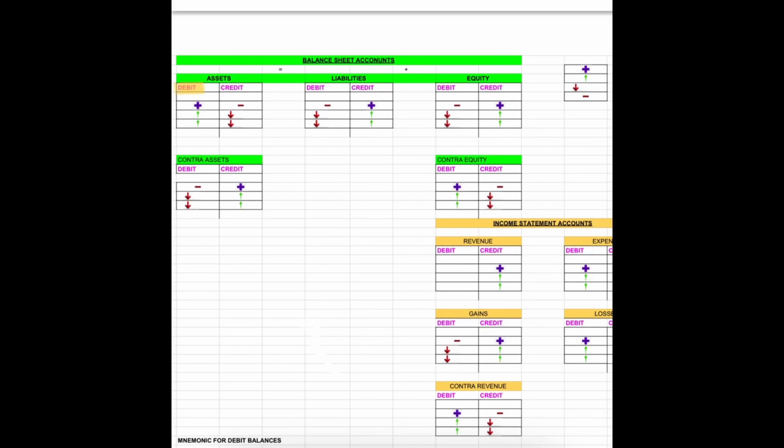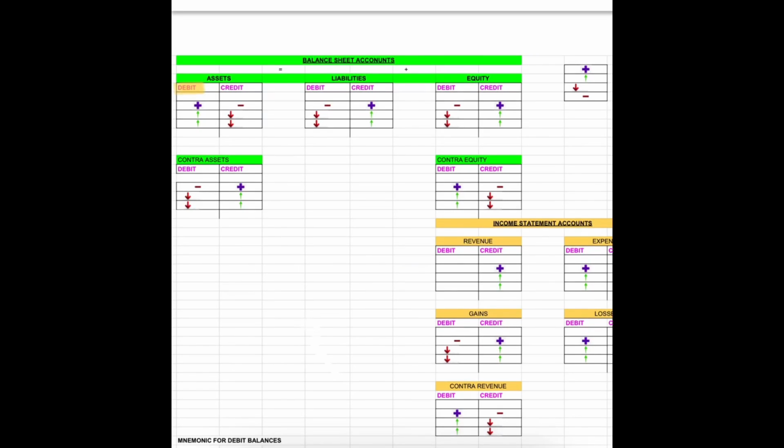Remember, assets increase on the debit side. So on which side will liabilities and equity increase to keep the equation in balance? Both liability and equity will increase in value on the credit side, the opposite of asset.